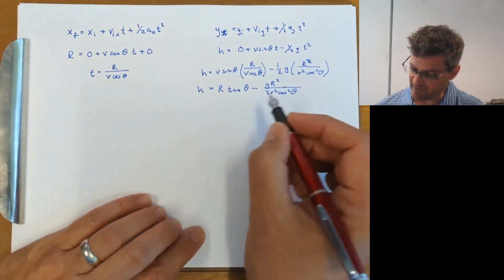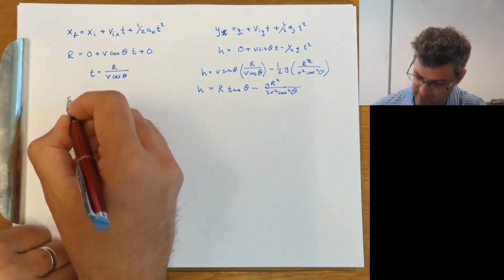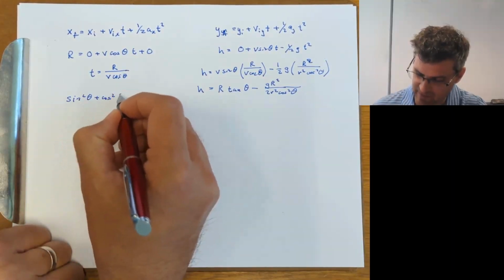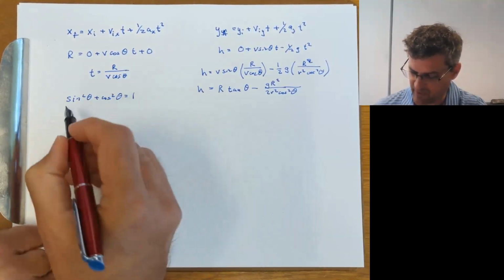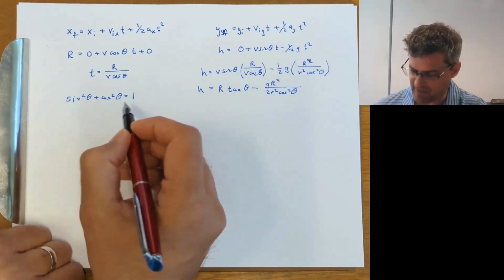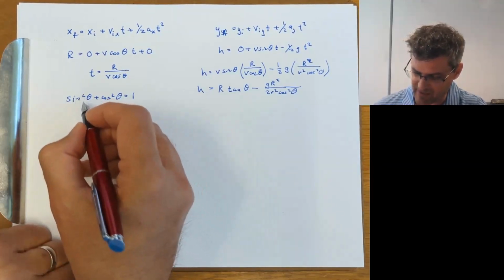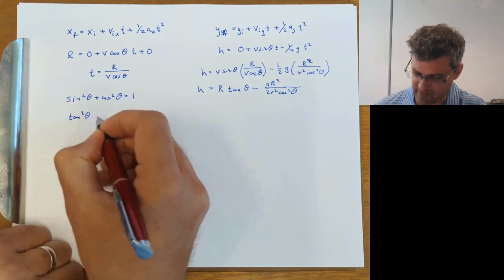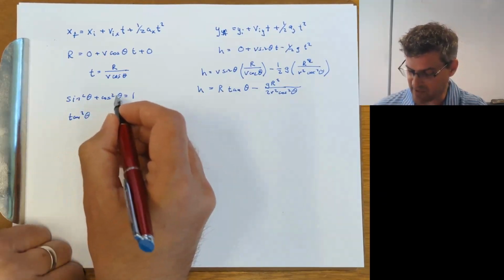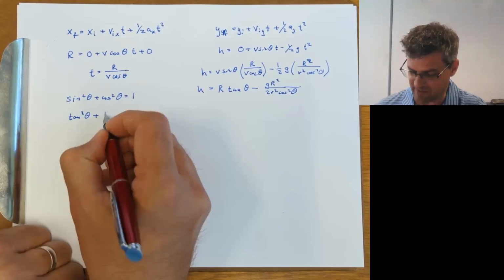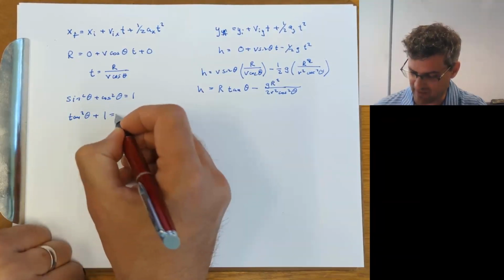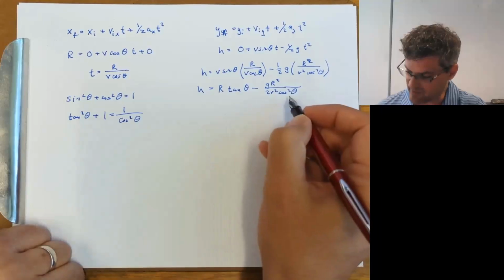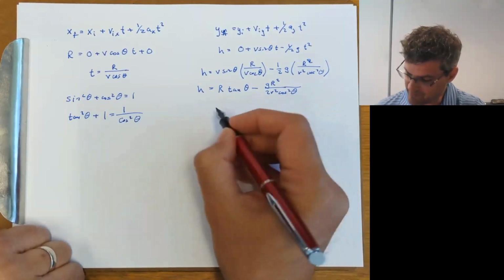And what I'd like to illustrate is remembering that sine squared theta plus cosine squared theta equals 1. What if I divide both sides by cosine squared theta? Sine squared theta over cosine squared theta is tangent squared theta. Cosine squared theta over cosine squared theta is 1. So this is 1 over cosine squared theta, and we have one of those things.